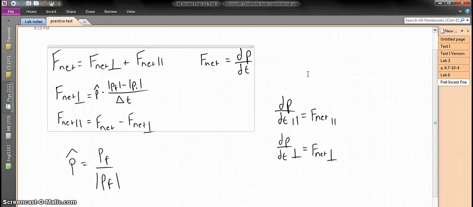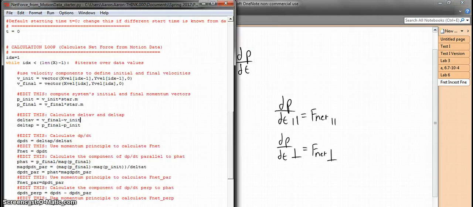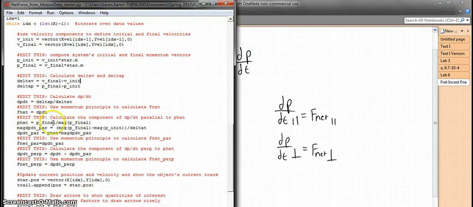P hat is equal to the final momentum divided by the magnitude of the final momentum. And then we found Fnet parallel by subtracting the perpendicular force of Fnet from Fnet.